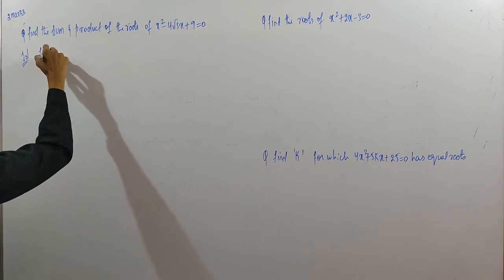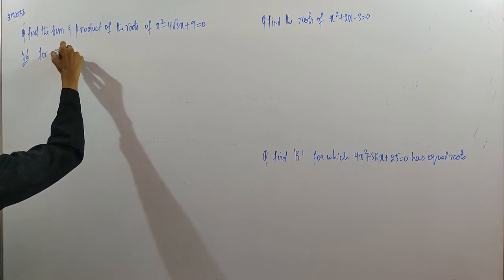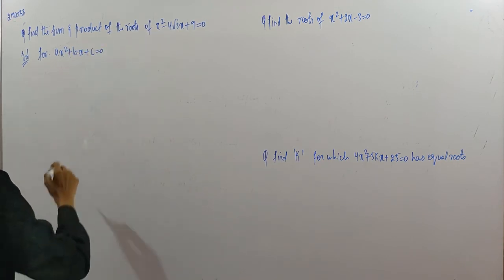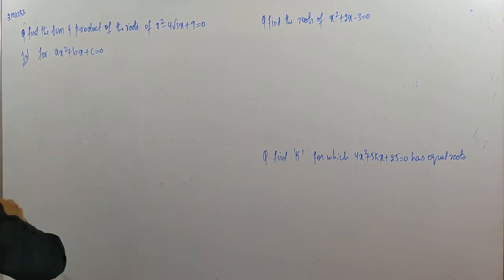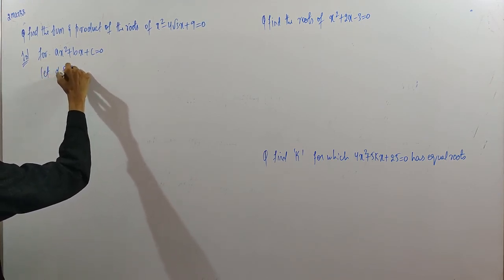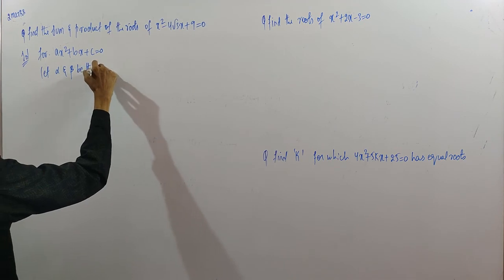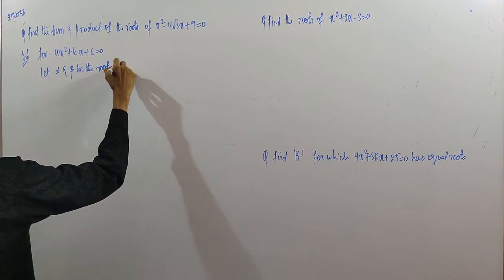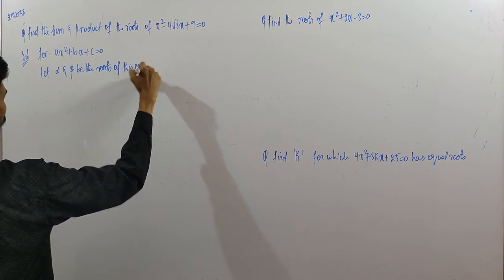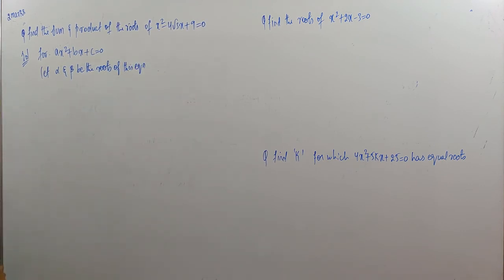For a standard quadratic equation ax square plus bx plus c equal to 0, let us suppose alpha and beta be the roots of this equation. Alpha and beta are the two roots of this equation.